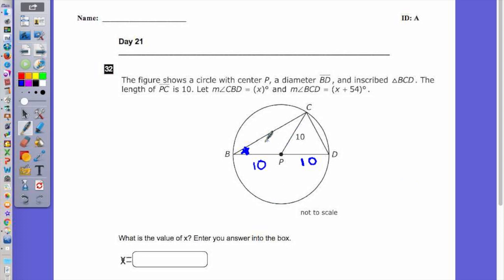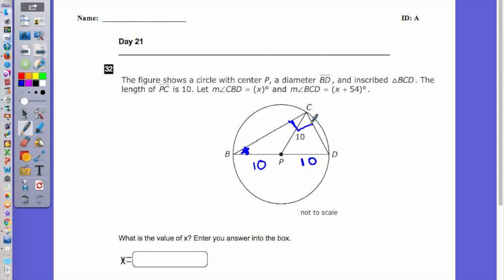This is X. BCD is X plus 54. By the way, does anybody know what the actual measure of angle BCD has to be? 90. Why? Because the triangle is inscribed.